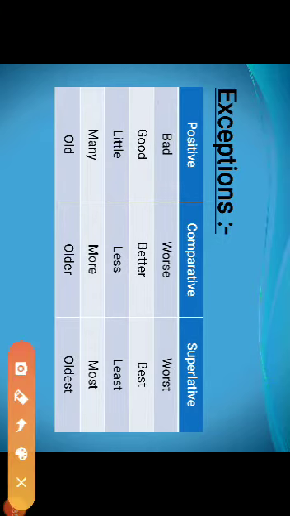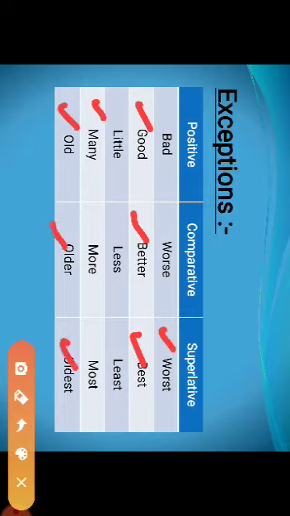And superlative degree will be worst. Good, better, best. Little, less, least. Many, more, most. And old will become older, oldest, or it can also become elder, eldest. Have you understood? You have to learn this chart. Okay, you have to learn this table.